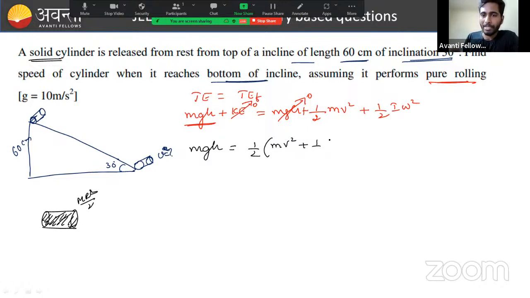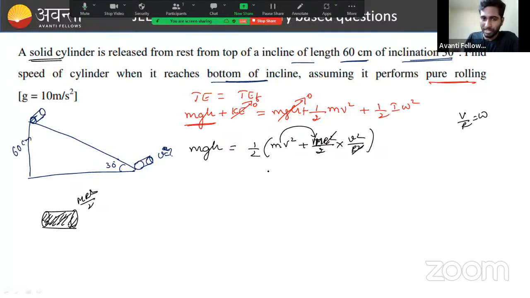And here the moment of inertia is mr square by 2 into omega square. Omega means v by r, since v is equal to r omega. Square it, then it will be v square by r square. R square gets cancelled. Then the remaining thing is m, and this m.